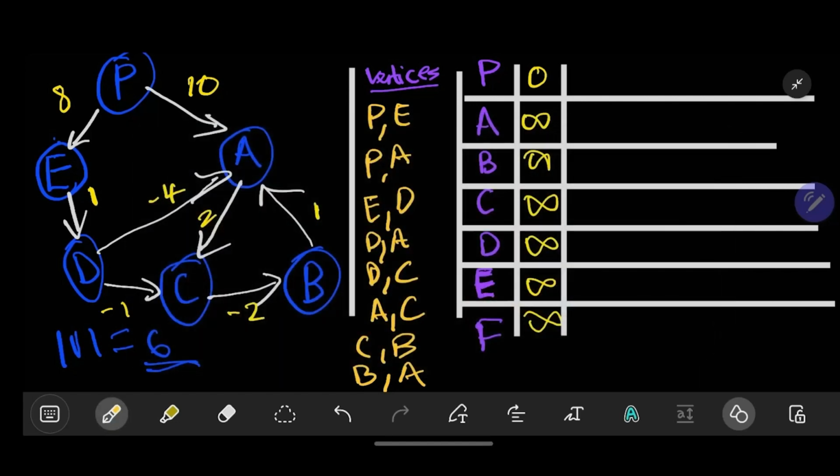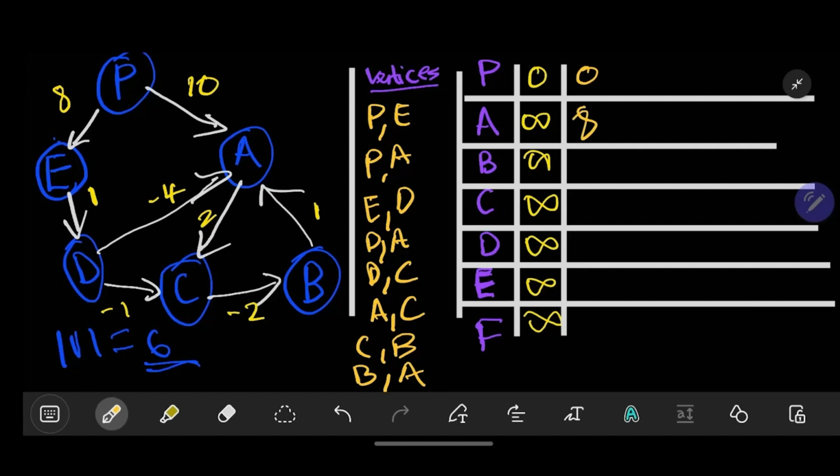So using this graph here, we are first going to look at PE. So we know this will still remain as 0. Then we're going to look at PE. So PE tells us that when we use PE, we're now going to have that weighting as firstly 8. So this would be 8.